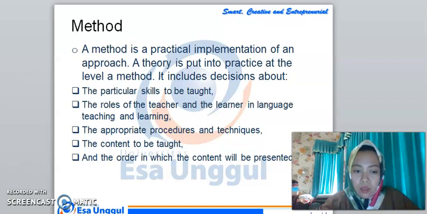Method also involves a specific syllabus organization, choices of materials that will boost learning, and the means to assess learners and evaluate teaching and learning itself. So this one we call method.